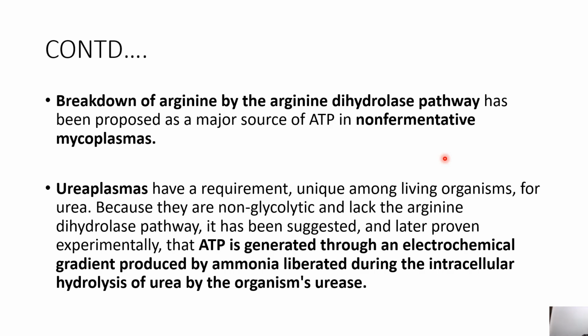Ureaplasmas have a requirement unique among living organisms for urea because they are non-glycolytic and lack the arginine dihydrolase pathway. It has been suggested, and later proven experimentally, that ATP is generated through an electrochemical gradient produced by ammonia liberated during the intracellular hydrolysis of urea by the organism's urease.